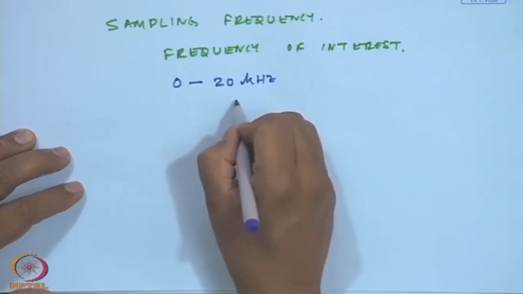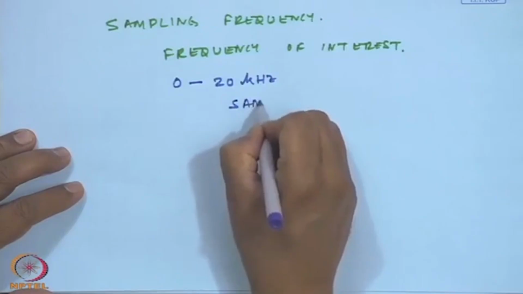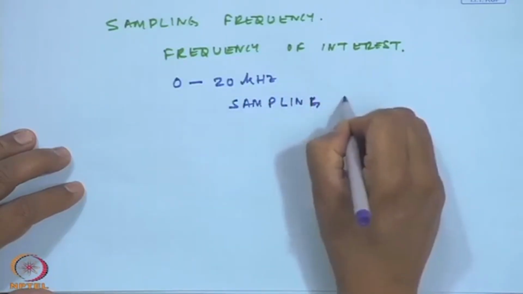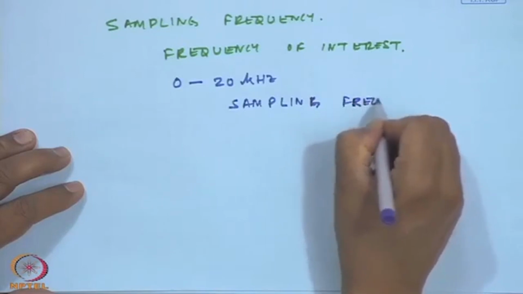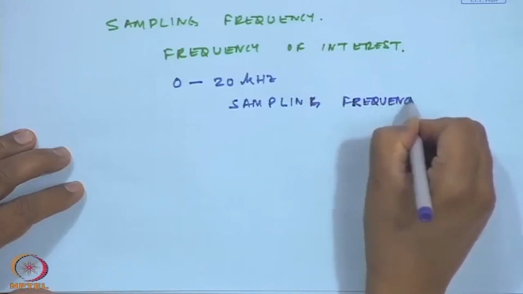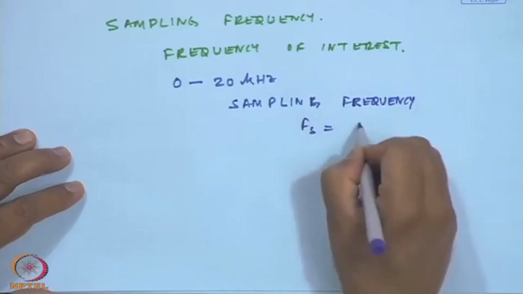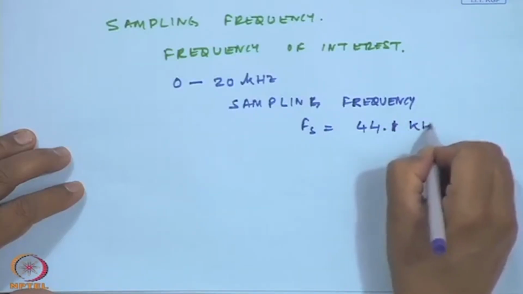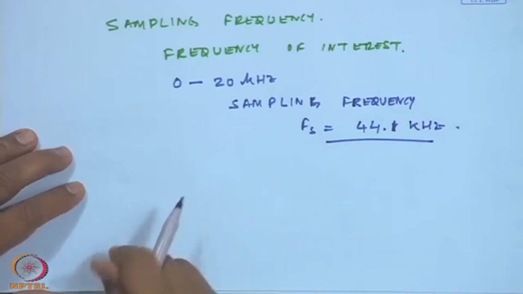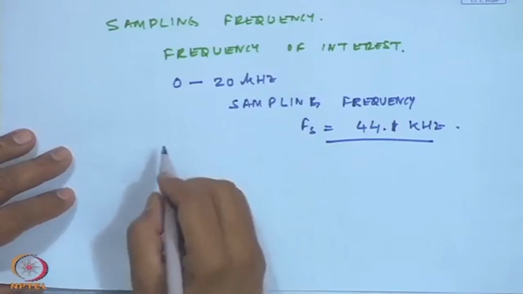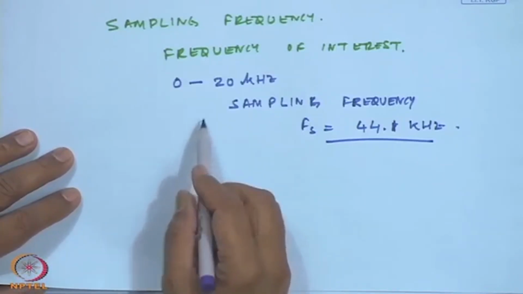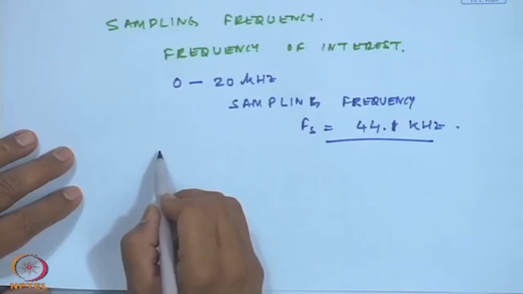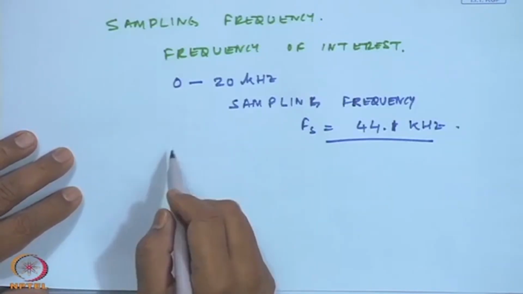Maybe we sample at a sampling frequency f s equal to 44.1 kilohertz, and this is a set sampling frequency, and then we can record as much as we want, provided we have the memory space.